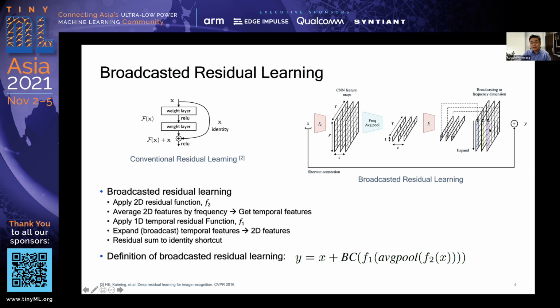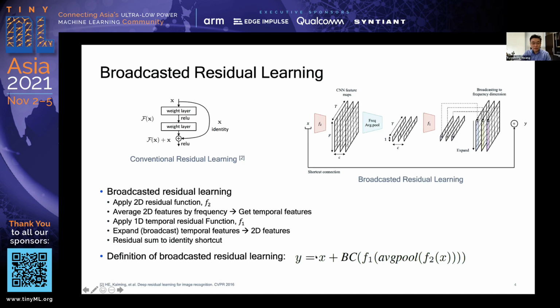Then later, it can be extended into 2D features. We don't need to allocate all this memory. It can be broadcasted into 2D when we add this residual output with the shortcut connection.